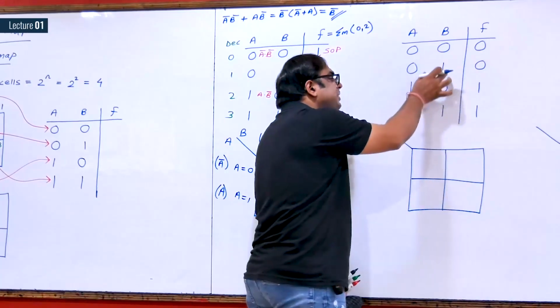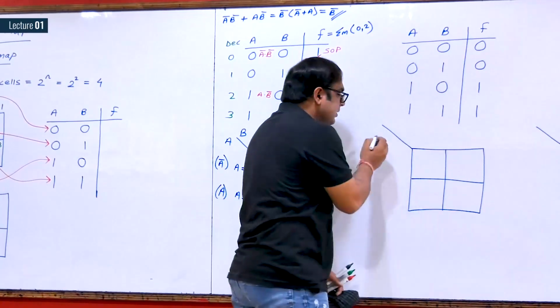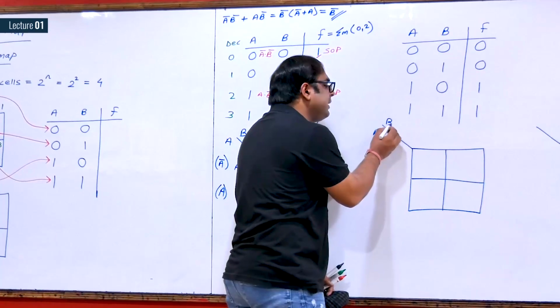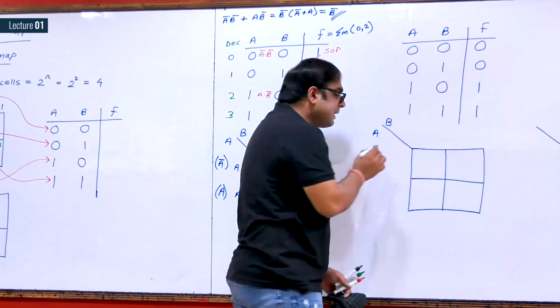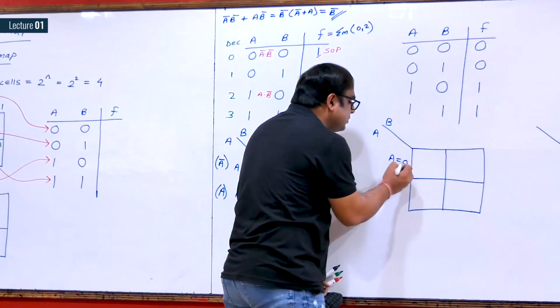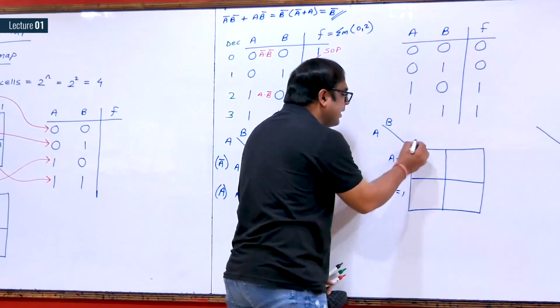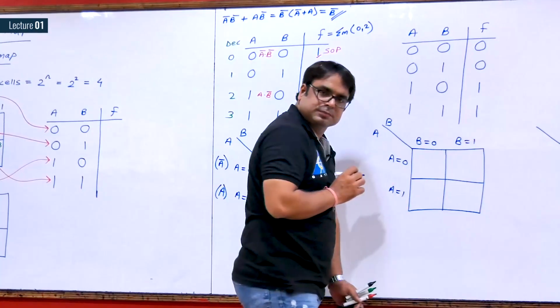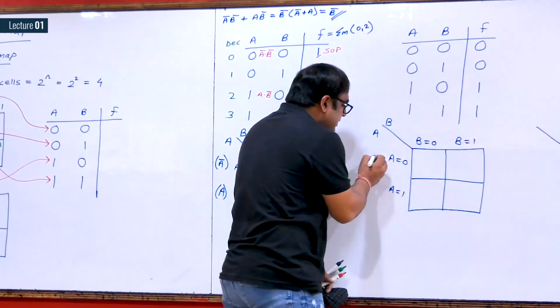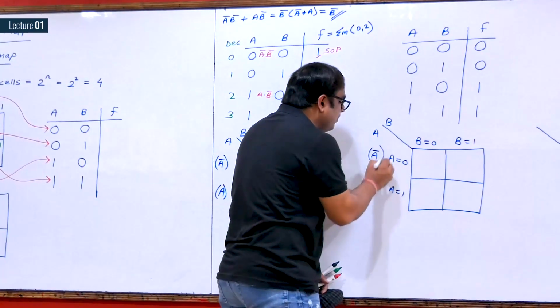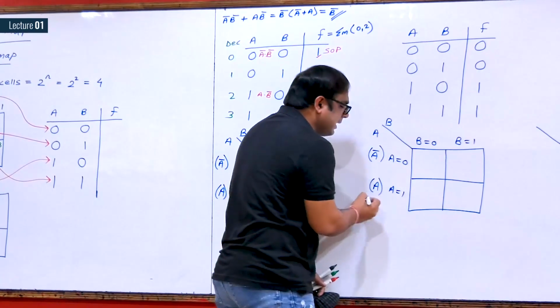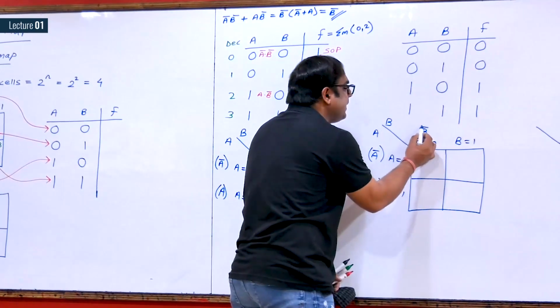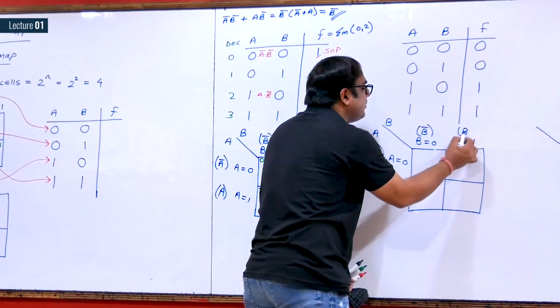This side is for A and this side is for B. This is A equal to 0 and this is A equal to 1, B equal to 0 and B equal to 1. A equal to 0 means A complement, A equal to 1 means A, B equal to 0 means B complement, B equal to 1 means B.